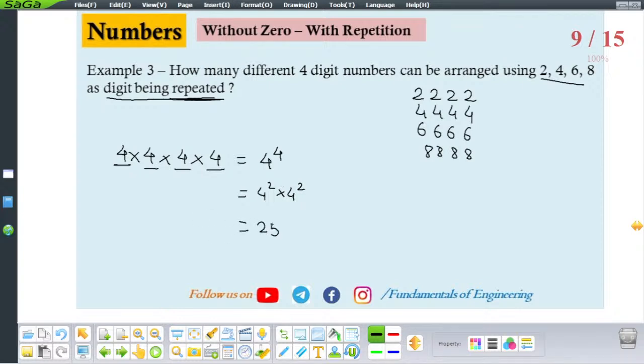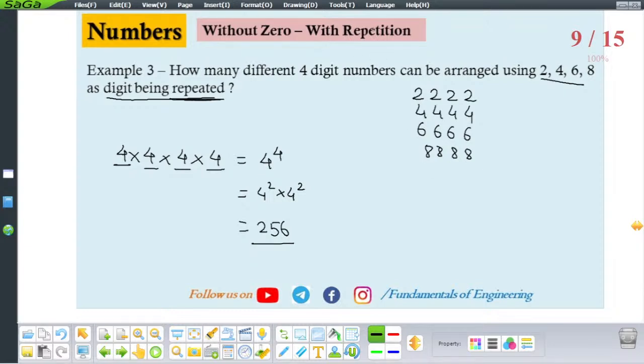That is 256. So how many 4-digit numbers can we get by using the digits 2, 4, 6 and 8 as the digits are being repeated? That is 256. 256 4-digit numbers can be formed. Now here, whenever we are doing repetition, the earlier formula cannot be used.